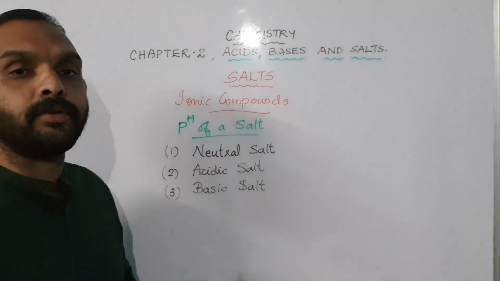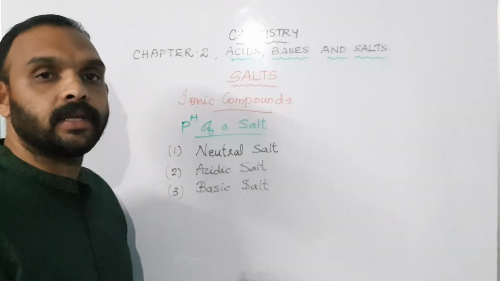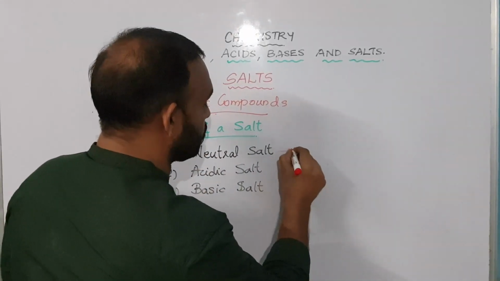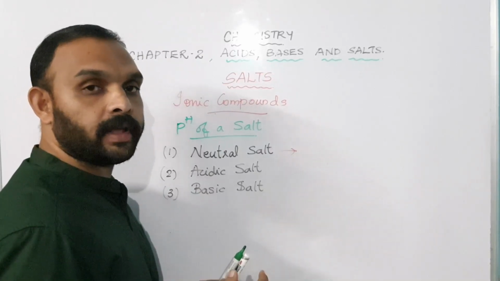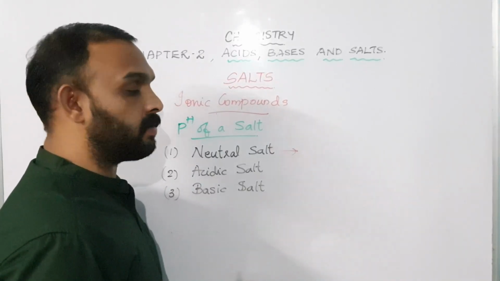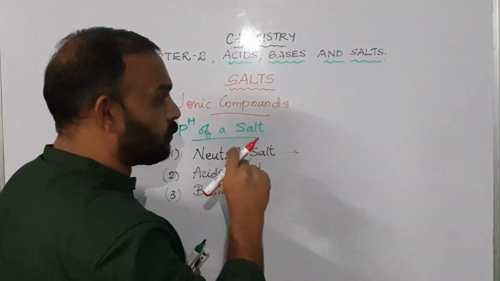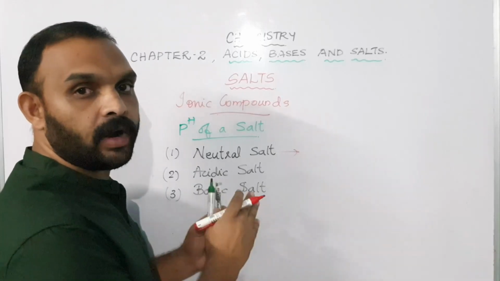Let's see how a neutral salt will form. We have learnt a common example for the formation of a neutral salt. That is sodium hydroxide and hydrochloric acid. When they react with each other, we will get sodium chloride and water. But if you formulate a general equation, then what will you write?